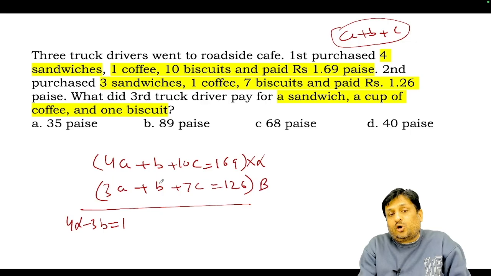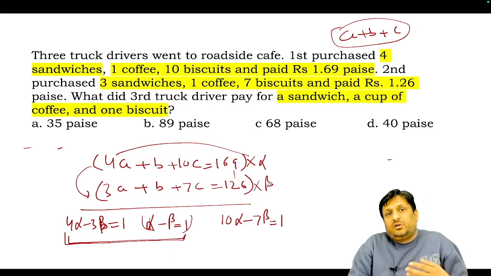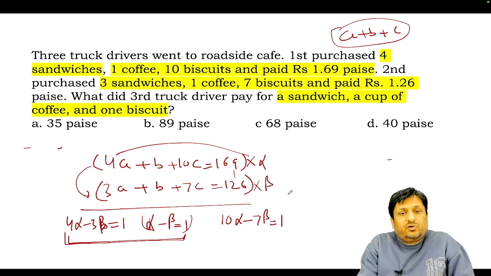Similarly, the coefficient of b will be alpha minus beta, and I want that also equal to 1. And the coefficient of c will be 10 alpha minus 7 beta, and I want that also equal to 1. Now, you can solve these equations and get the values of alpha and beta.